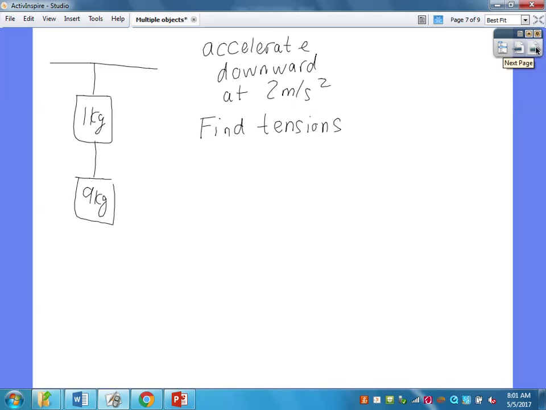All right. What if you accelerate downwards at 2 meters per second squared? All right, I'm going to go pretty quick with these. You'd go F net equals MA equals, this one would be weight minus tension. It doesn't tell you which way you're going, so I'm going to assume down is the way that this is moving and it's accelerating downwards.